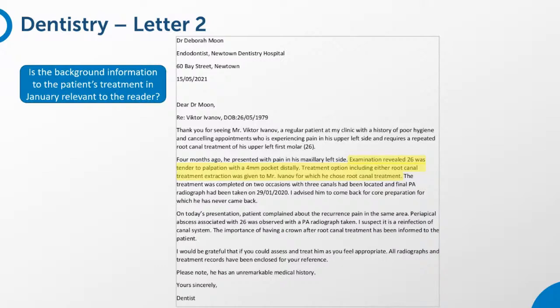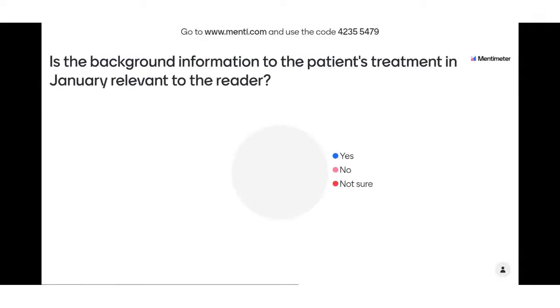Is this relevant? In which case choose yes. Is it not relevant? In which case choose no. Or you're not sure. How would you answer this question? Let's have a look. Some answers coming through.